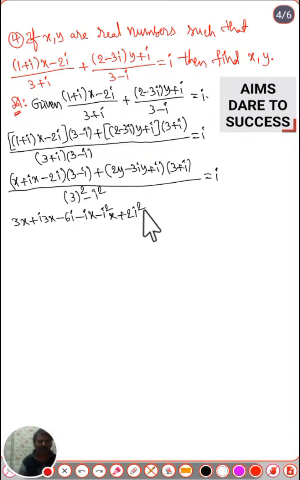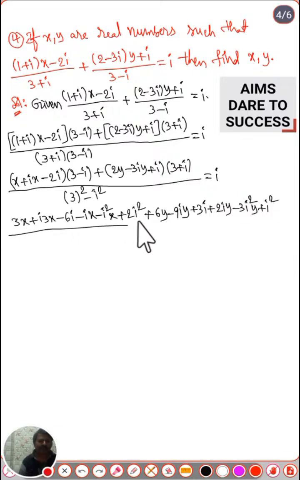Coming to here, plus 2 threes are 6y. Next plus into minus, minus 3 threes are 9iy. Next plus 3i. Coming to next, plus i into 2y is 2iy. Next i into plus into minus, minus 3 into i into i square y, plus i into i square, divided by 3 threes are 9.